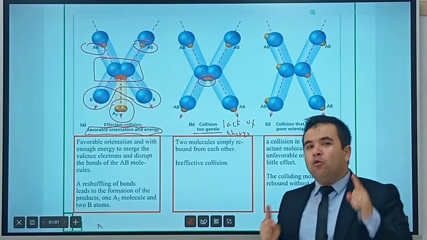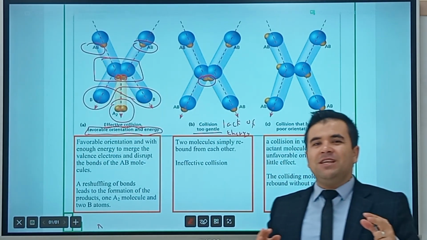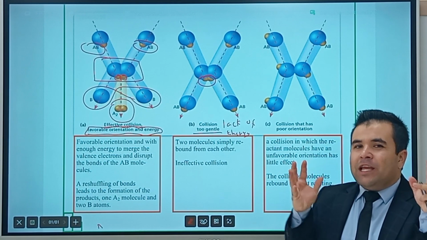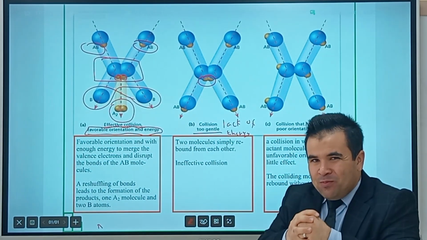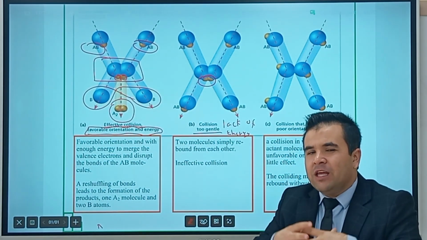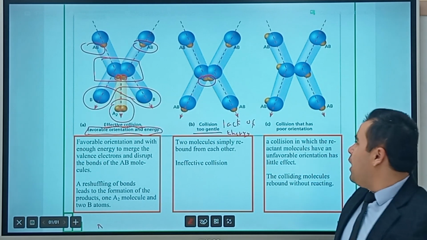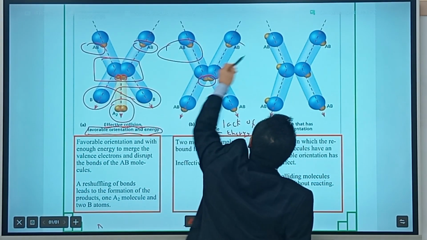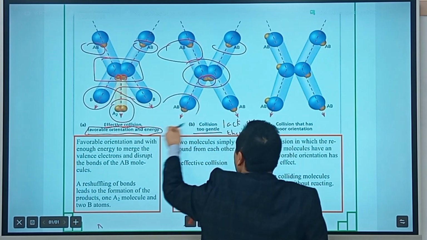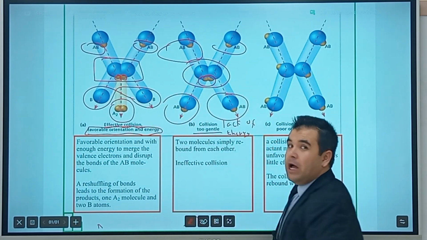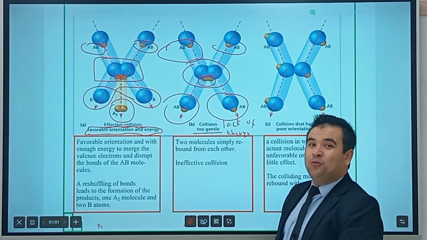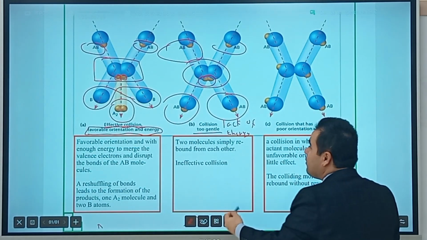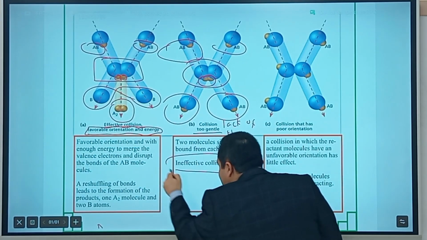So whenever one of the conditions is missing, the reactants collide with each other but do not form product. They rebound to reactants without forming any products. So AB collided and rebounded to AB and AB without forming new products. This we call the ineffective collision.